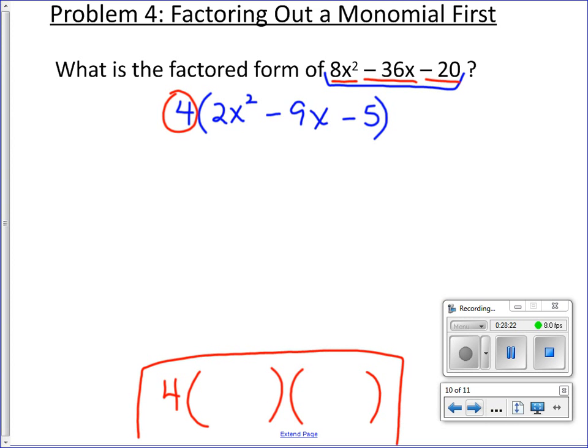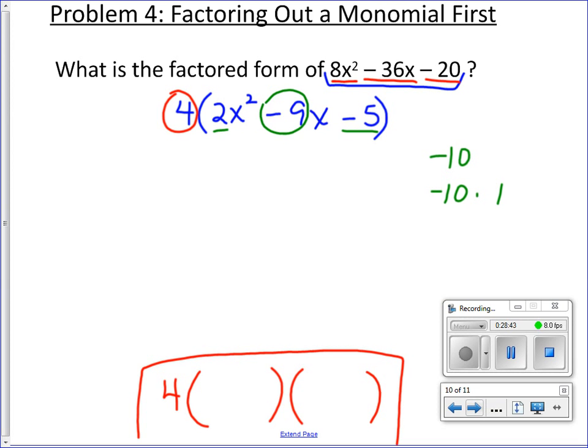All right, so let's take our a times c. 2 times negative 5 would be negative 10. And we want factors of negative 10 that will add up to a negative 9. All right, well, looks to me like negative 10 times 1 would work.